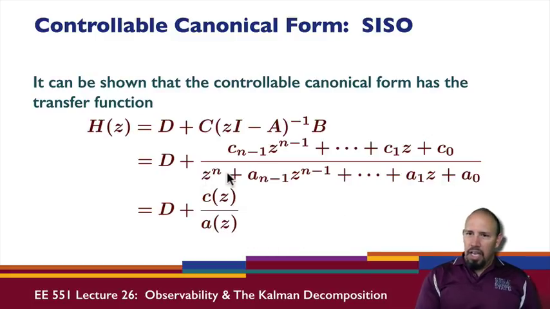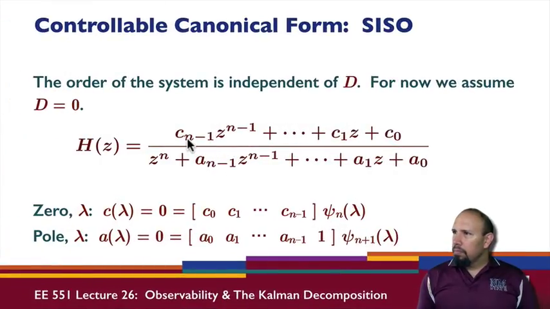Now, the order of the system is independent of D, and for now we're going to assume D is equal to 0. We'll come back and see what happens when D is not 0. So I have this polynomial, C of z over A of z.